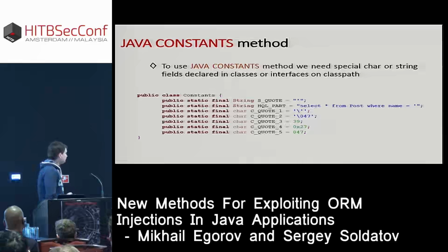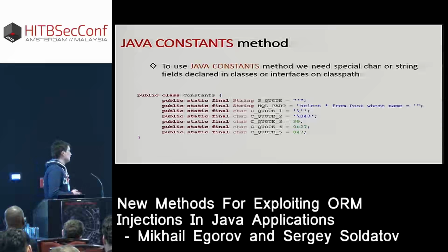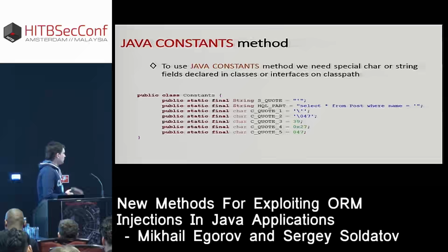For example, a public static field of type string that contains 1 single quote is suitable. A part of an HQL query that ends with a single quote is also suitable for exploitation. Or char fields are also suitable.